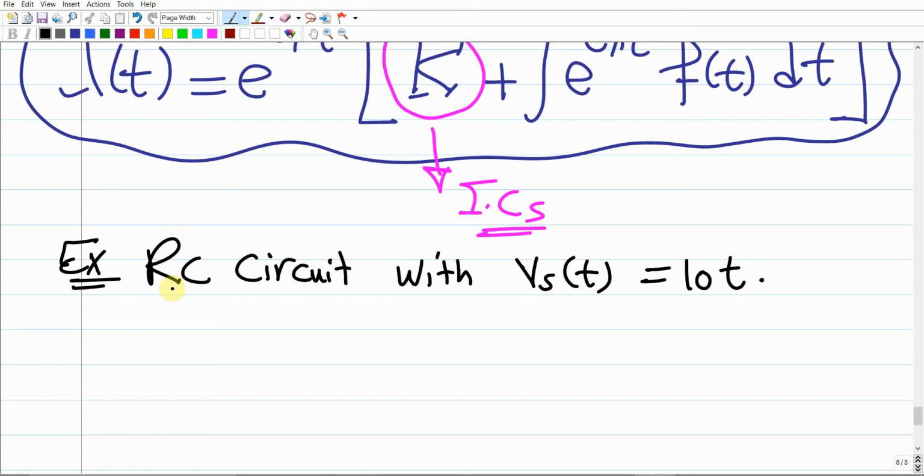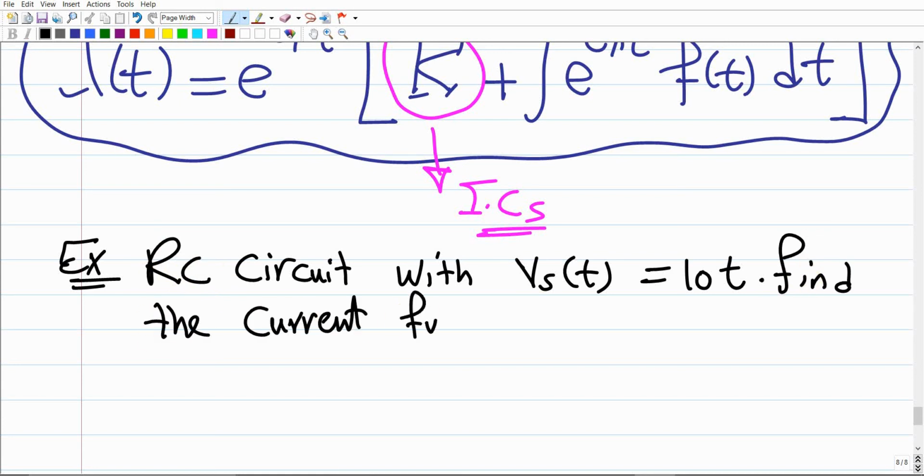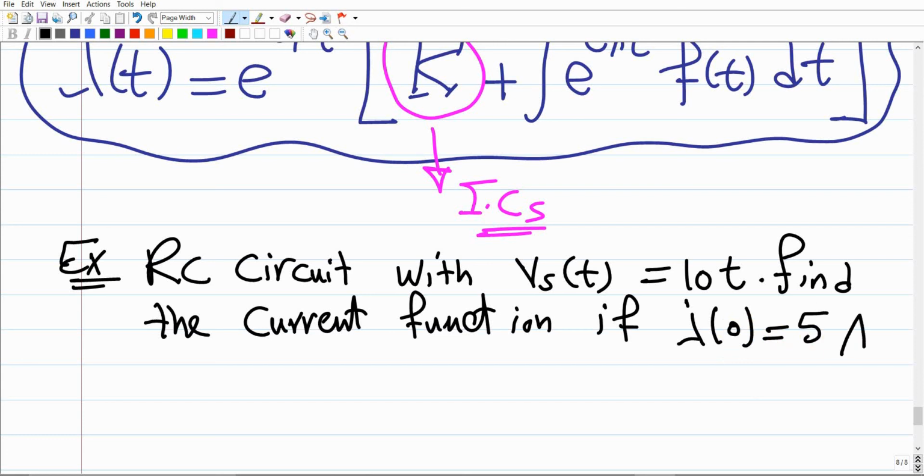And whatever the value of R or C is, it is required to find the current function if I of 0 was 5 ampere.